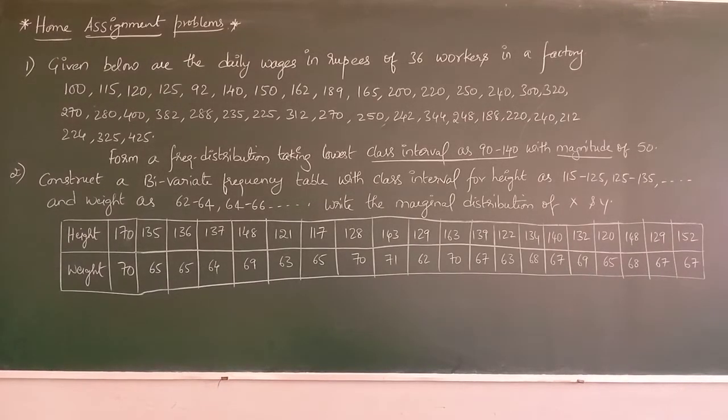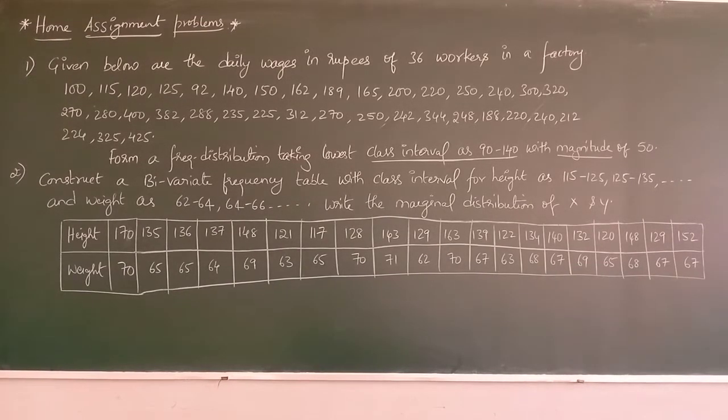Here everything is given. Width is also given indirectly. That means 115 to 125, what would be the width? It's exclusive type, so the width is 10: 115, 116, 117, up to 124, so 10 would be the width. And 125 is included in the next class because it is an exclusive type of class interval.